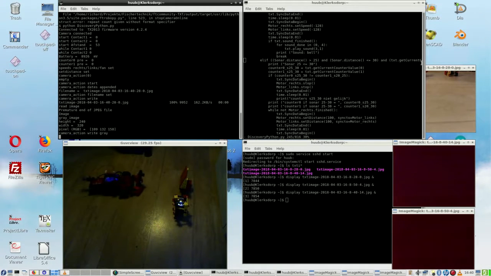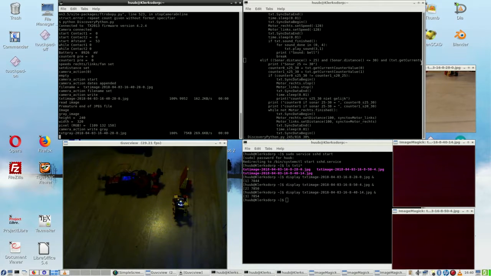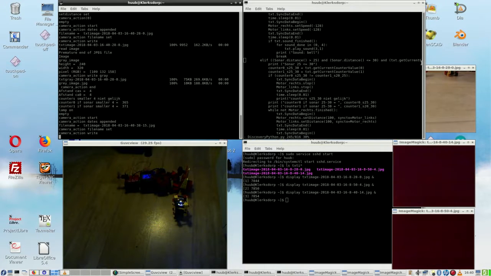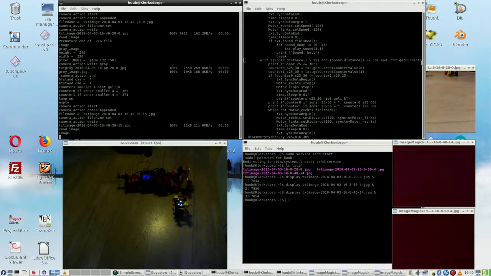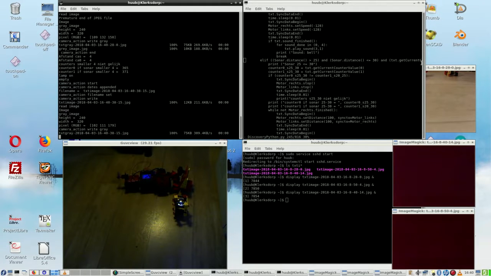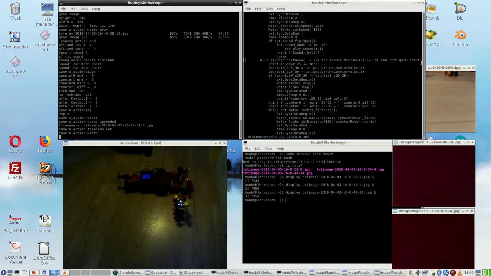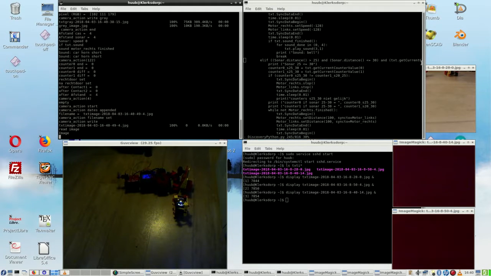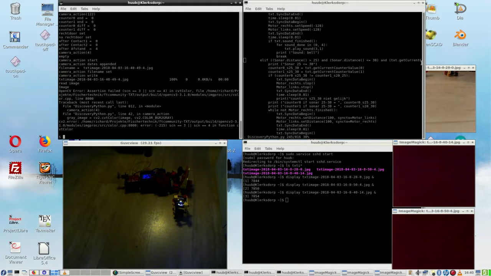Okay, that's not a straight trajectory. 0. 15. And 15 is how much?